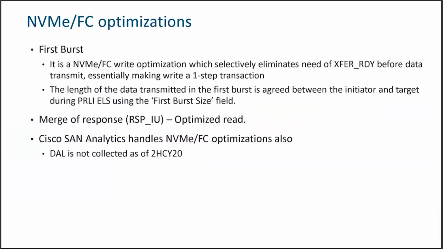We handle these kinds of optimizations to calculate other metrics like ECT and things like that, but we don't do DAL with first burst. So these are some of the caveats, or things you may hit in the future in some kind of scenario. Hey, I see an accurate value here, I don't see it there. Oh, is it doing first burst? Oh, yes, I see that. All right, so we don't do that today. Maybe next release we'll have that working.